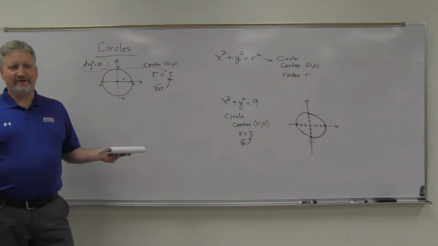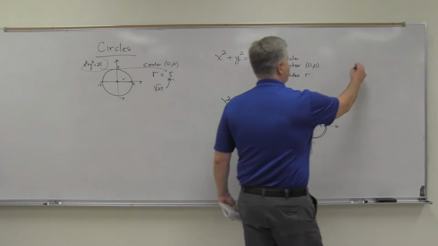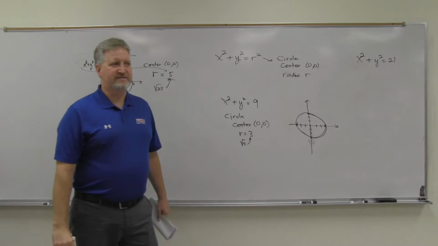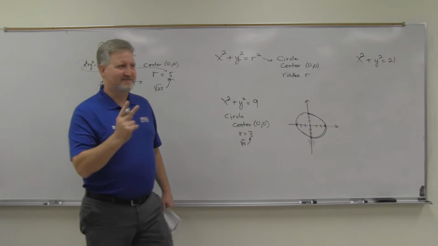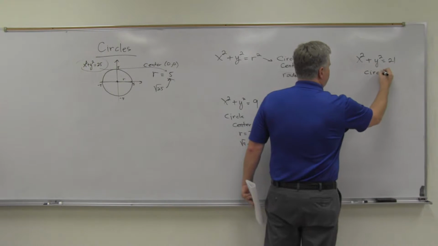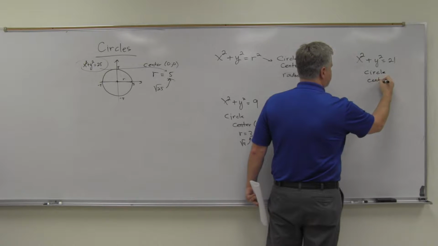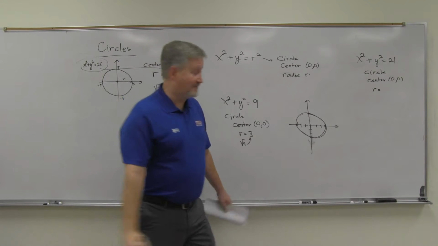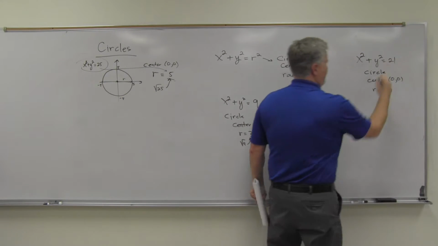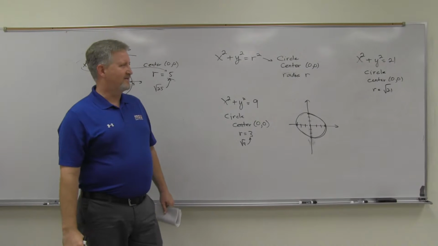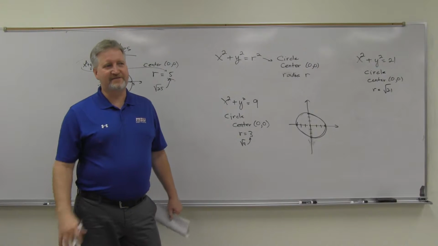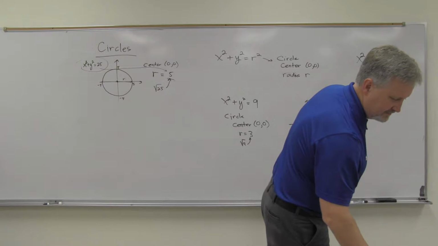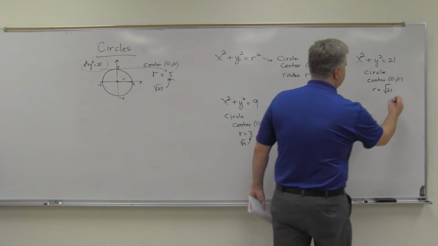The only real tricky business maybe, what about this one? X squared plus y squared equals 21. What is that? Circle, center 0, 0. What's the radius? Square root of 21. Yeah, they won't all be nice squares there on the end. Square root of 21, if you plug that in, is about 4.58.